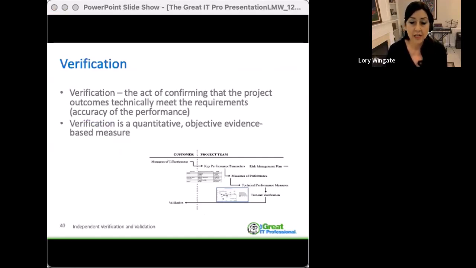Verification controls ensure, through various methods, modeling, simulation, inspection, audit, physical examination, that the controls are in place and that there is reliable evidence supporting the performance that is specified, and that the performance is repeatable and stable.